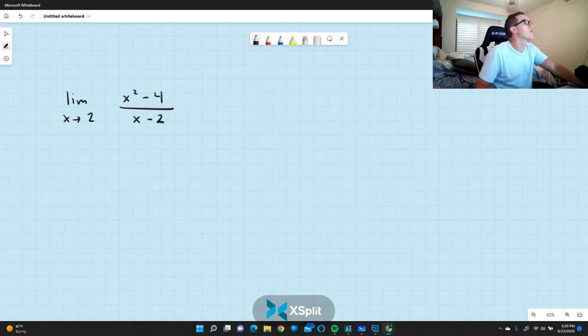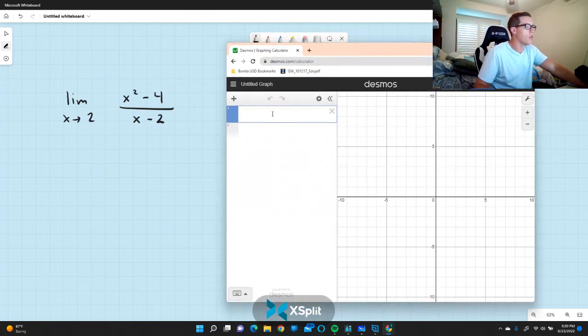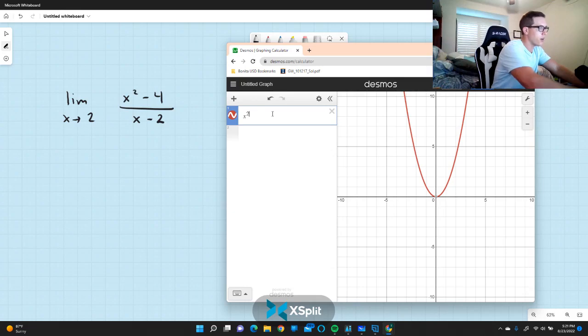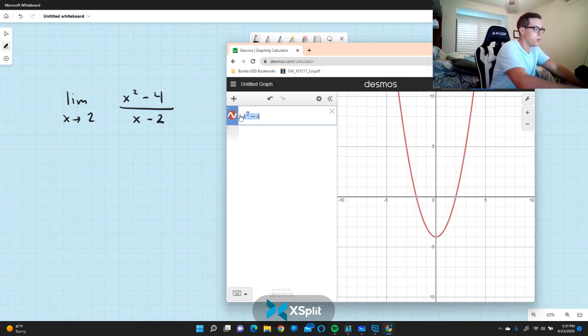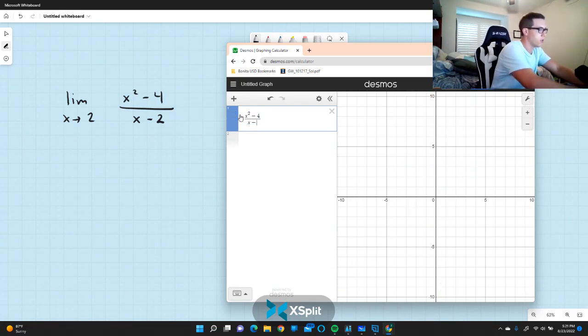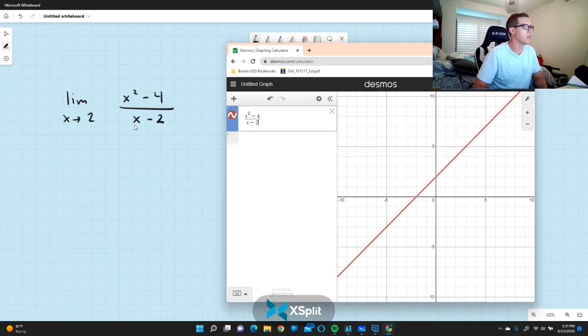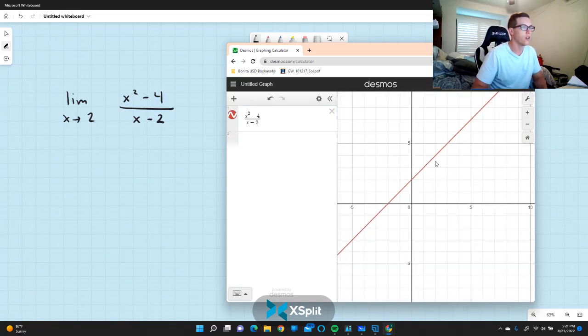You can try and graph the function x squared minus 4 all over x minus 2. And we're asking what's happening at 2. Well, if you look, the function's undefined there. It looks like there's a hole, but look, the function's approaching the same y value from both sides. So it looks like the answer is 4. It looks like the y coordinate that wants to be there is 4, which I can show you in a second algebraically how that works.